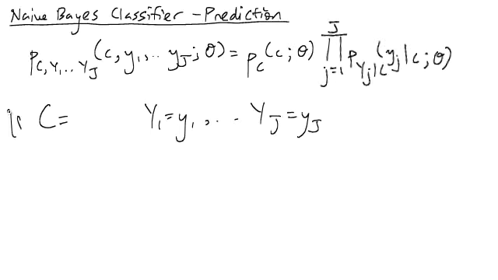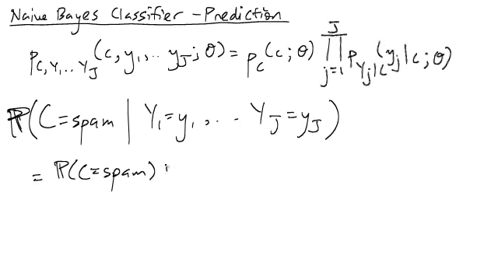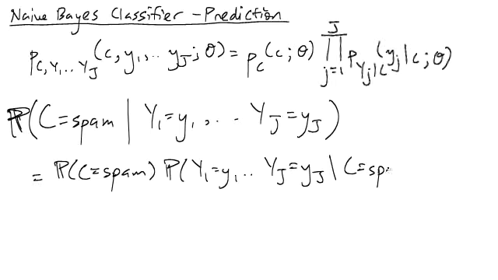We're interested in the probability that C is spam given these features. What is this equal to? We're just going to use Bayes' rule. It's going to be the probability of C equals spam times the probability of y1 equals little y1 up to yJ equals little yJ given C equals spam, all divided by the probability of y1 equals little y1 up to yJ equals little yJ.